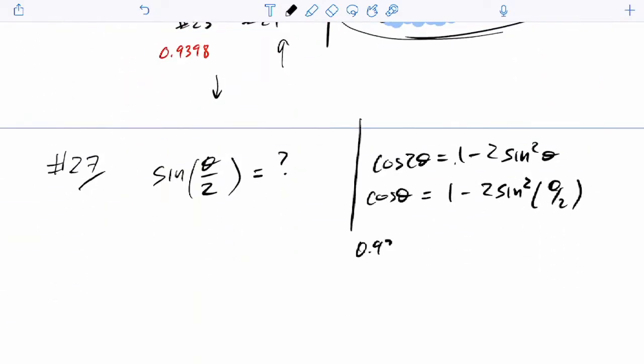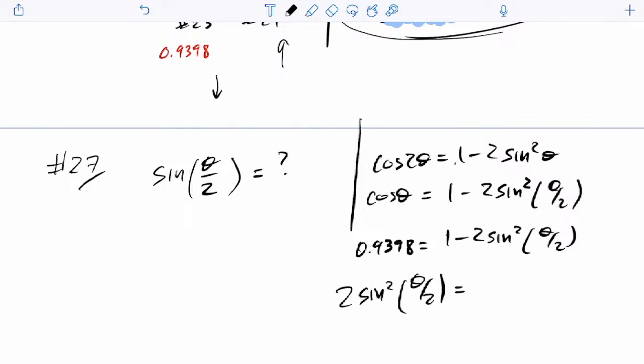So 0.9398 is equal to 1 minus 2 sine squared of theta over 2. Then you just solve for this. You get 1 minus 0.9398 divided by 2. I get the sine squared of theta over 2 is 0.0301.